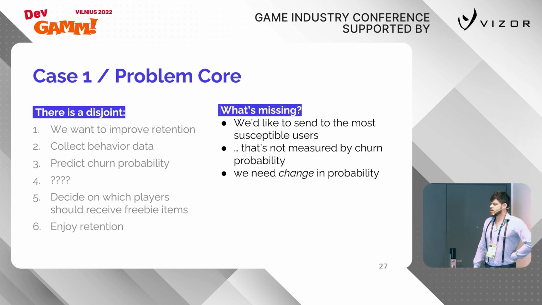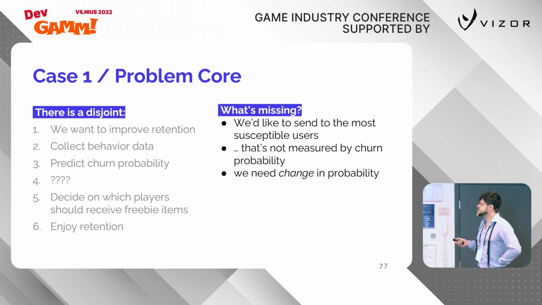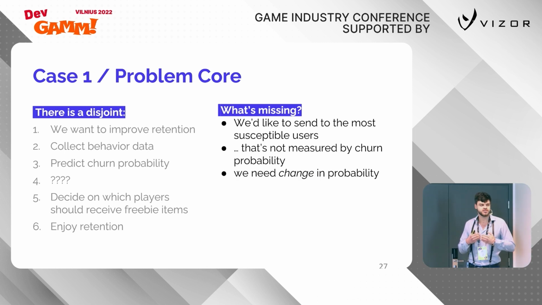What's the missing piece is that this churn probability doesn't measure what we want to measure. What I want to measure is who is the most susceptible player to these freebie items. So actually, what we want is to measure the change of churn probability after we send these freebie items, right?